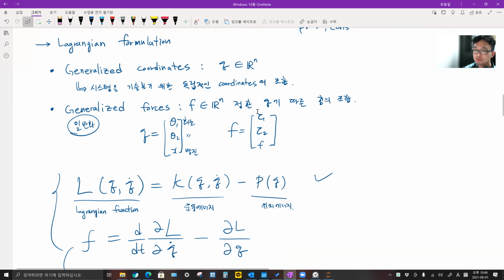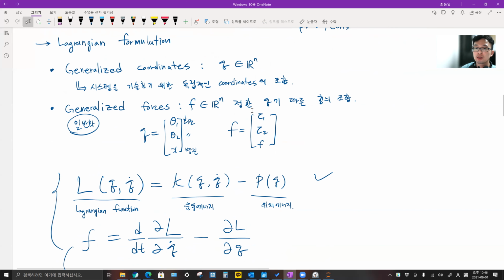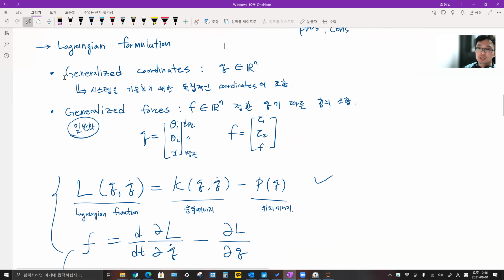So in our class, let's review Lagrangian formulation first. In the Lagrangian formulation, there is a concept called generalized coordinate. The generalized coordinate means the independent coordinate to describe the system.